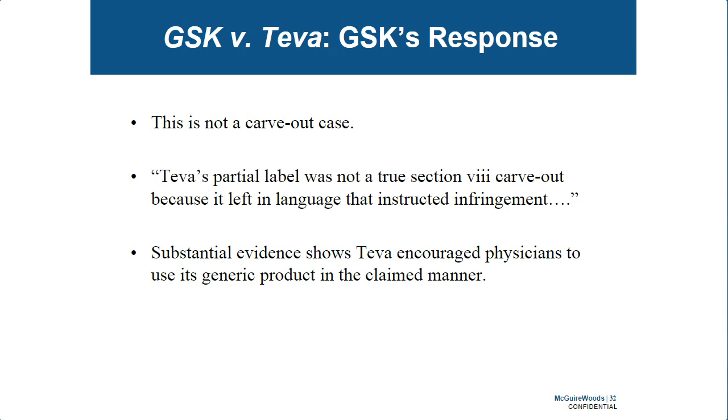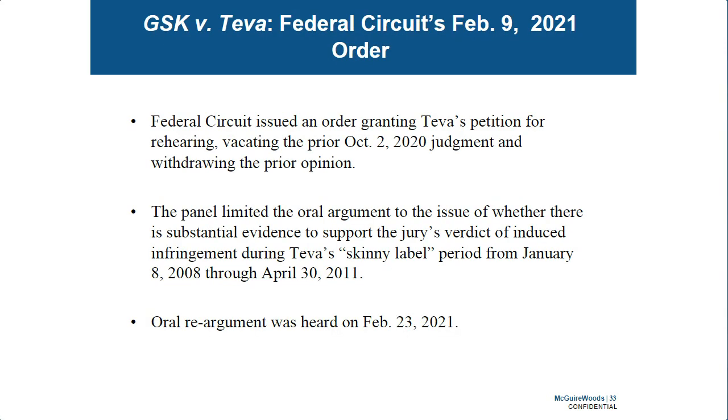So what happened to Teva's petition? On February 9th, 2021, the Federal Circuit issued an order. The Federal Circuit granted Teva's petition for rehearing, not a rehearing en banc, only rehearing by the same panel. It vacated the prior judgment and withdrew the prior opinion.